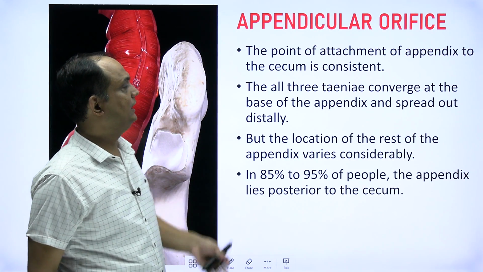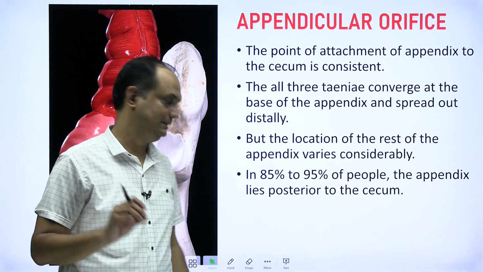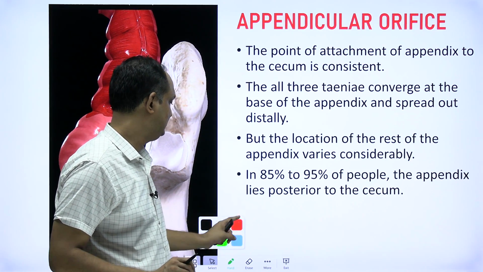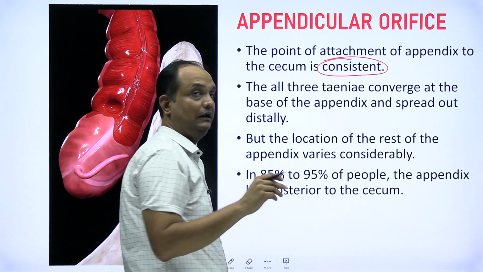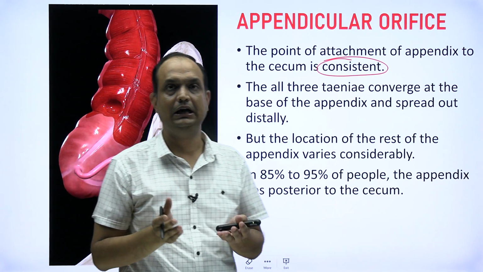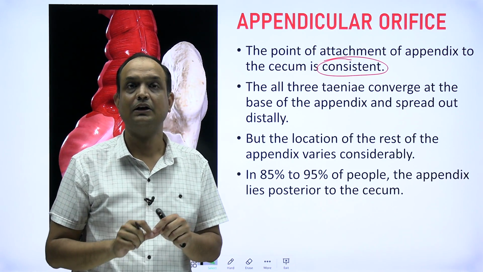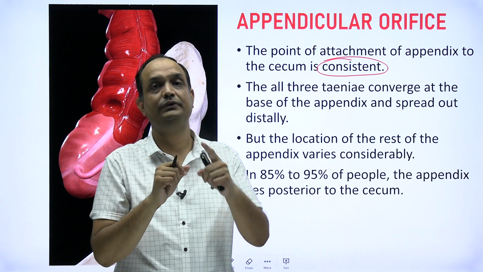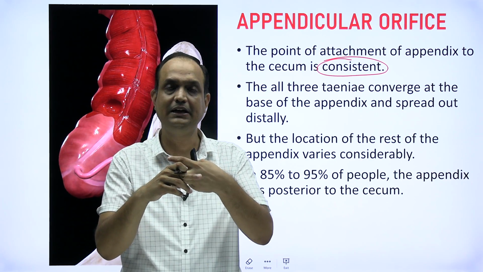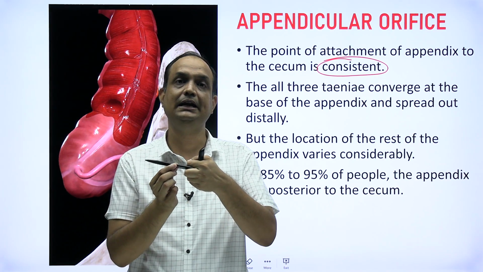Now, the point of attachment of the appendix to the cecum is consistent. What is the importance of this word consistent? When a surgeon has to trace the appendix intraoperatively, the appendix may have a variable position in terms of its tip. The base is always attached at one position, but the tip can go in any direction.